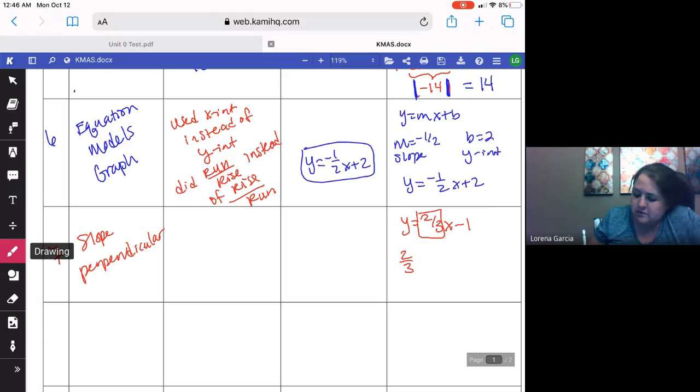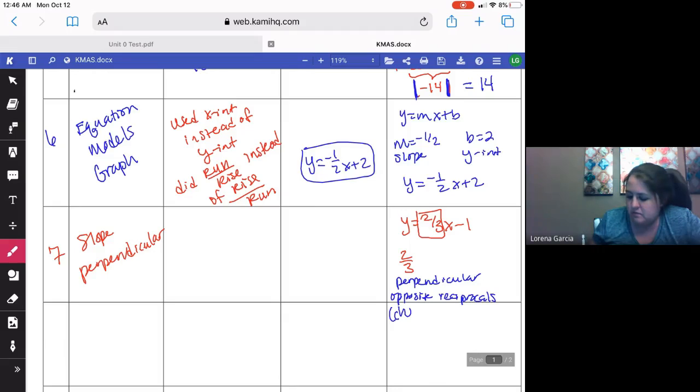So perpendicular means that you're going to have slopes that are opposite reciprocals. And what that means is you're going to change the sign and flip the fraction. So if you notice, the student on this test got 3 halves. So they did flip the fraction, but they actually forgot that if this was positive, our perpendicular slope would be negative.